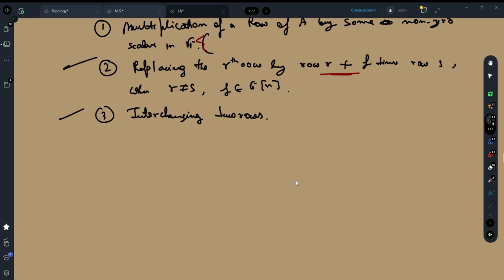And the other definitions are very obvious from here. What is an elementary matrix? An elementary matrix is the matrix we obtain by applying a single elementary row operation to the m cross m identity matrix.